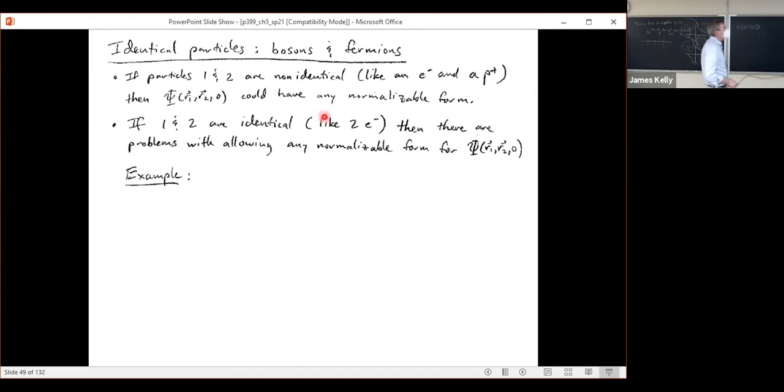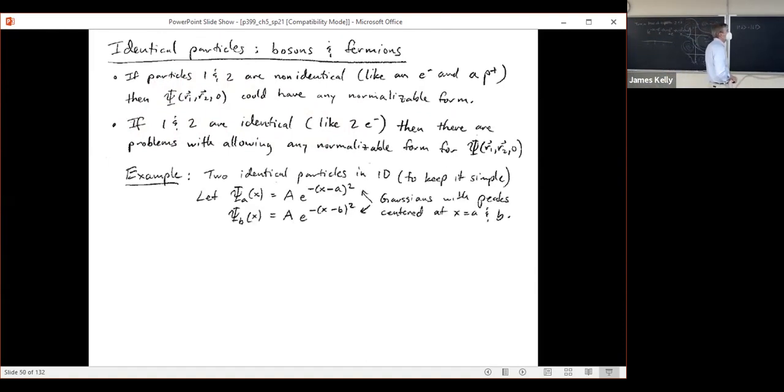Now, in the case where we're talking about identical particles, like 2 electrons, if we allow all this freedom, any kind of normalizable function here, we're going to find that there's something that doesn't seem right for the description of 2 absolutely identical electrons or identical protons.